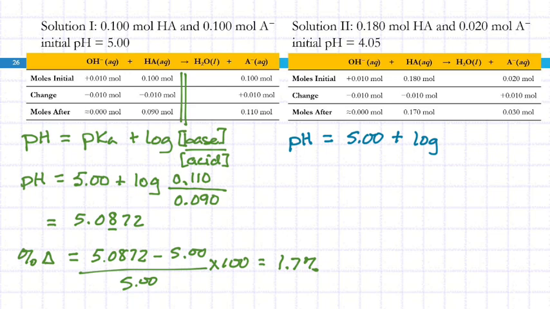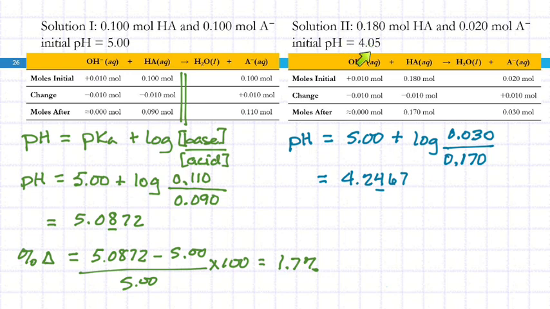So the base is 0.03 moles in 1 liter, 0.03 molar, and the acid is 0.170.